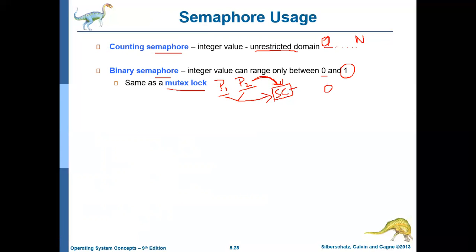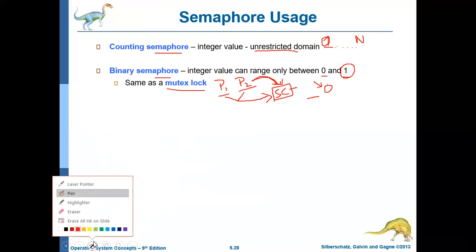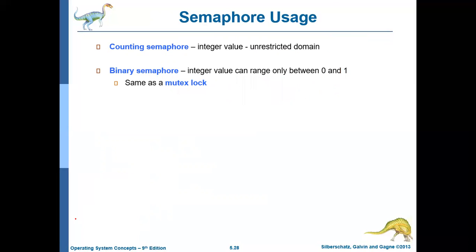Now if P2 comes and checks the semaphore value associated with the scanner device, it will find it is 0. 0 means somebody is using it, so it will spin lock there, or do busy waiting. So basically we use binary semaphore if there is only one shared resource which has to be shared among more than one process.